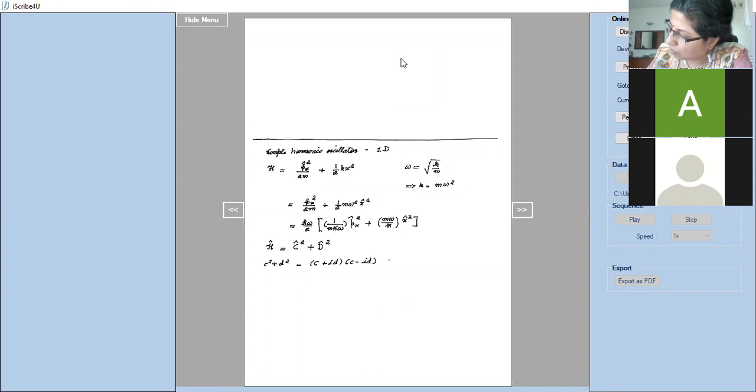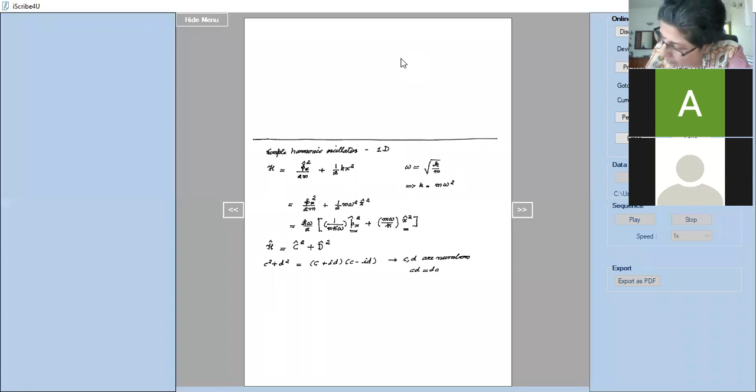But this is only if c and d are numbers, and if they are numbers, we know that cd is equal to dc, right? That means they commute. However, in this particular case, you realize there is a px square and there is an x square, and thereby we are talking about commutation of x and px, and we know that position and momentum do not commute.